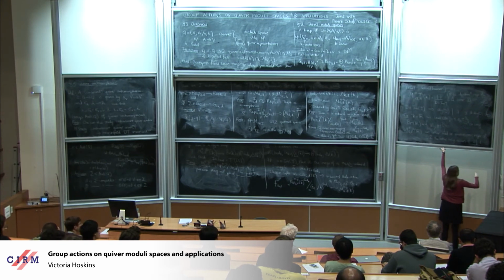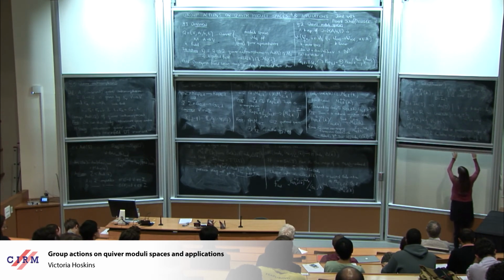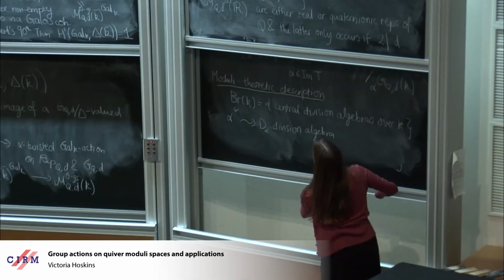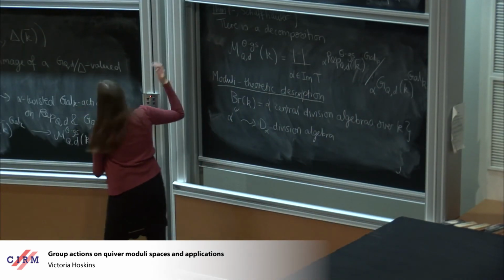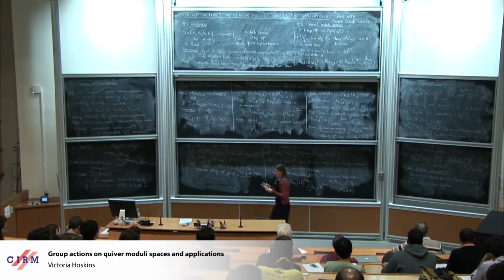And so, for example, for finite fields whose Brauer group is trivial, the rational points just come from representations over that finite field.